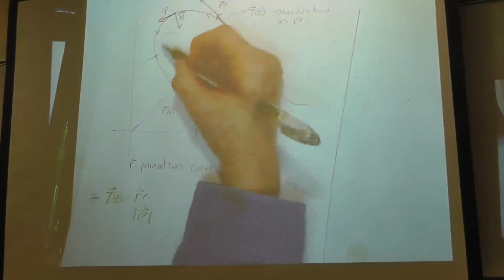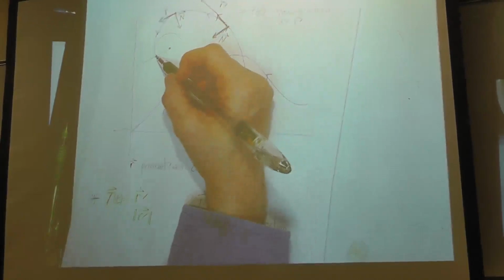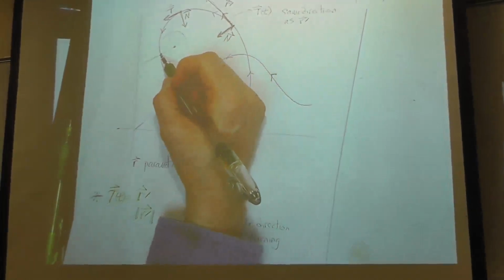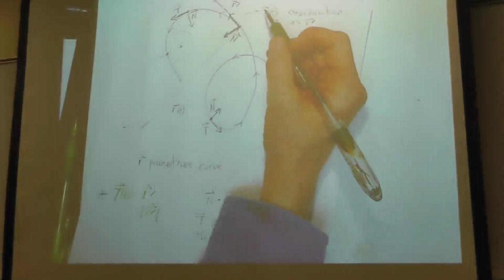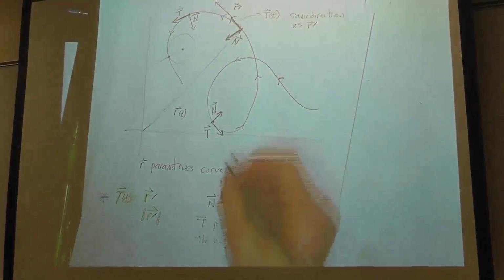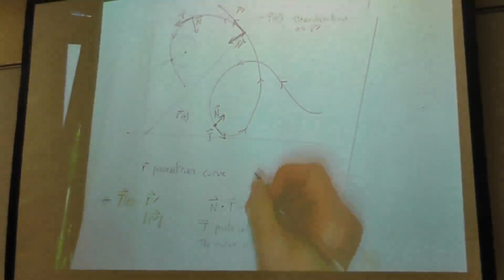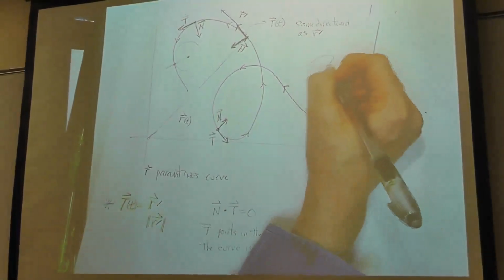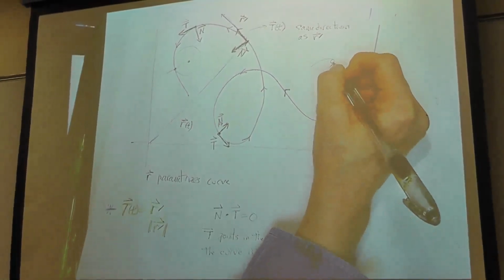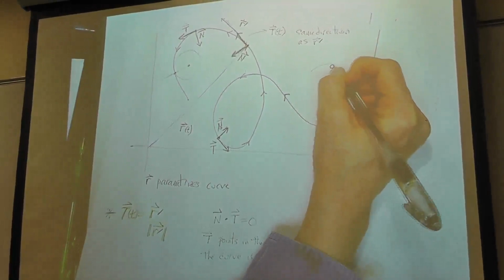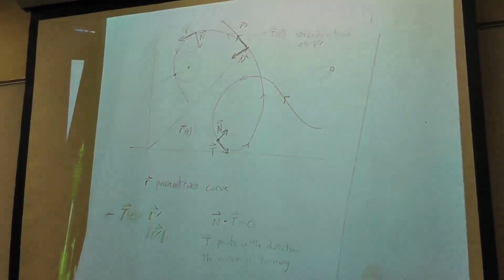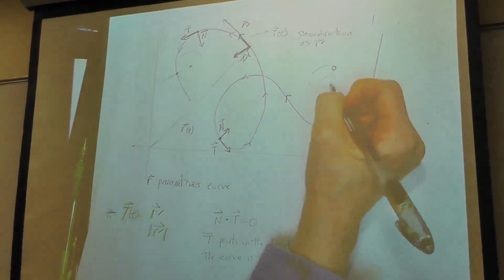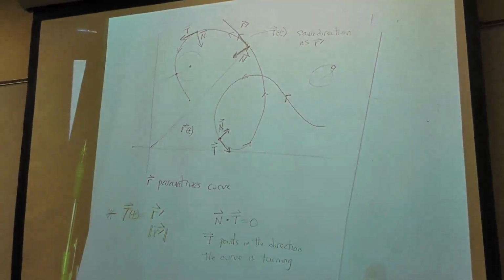So where the curvature is relatively small, that circle of best fit is going to be big. And where you have a real tight curve, like if you have something like this, the circle of best fit is going to be very small. Here, the circle of best fit is going to be relatively large.